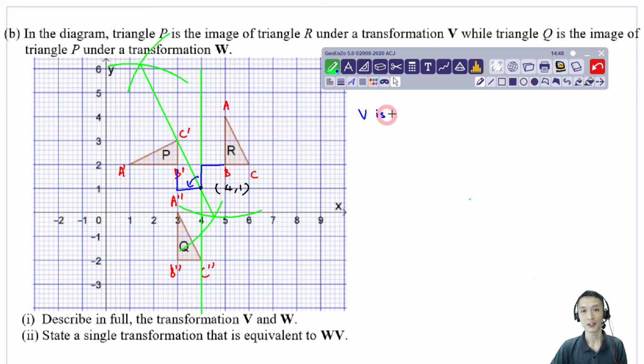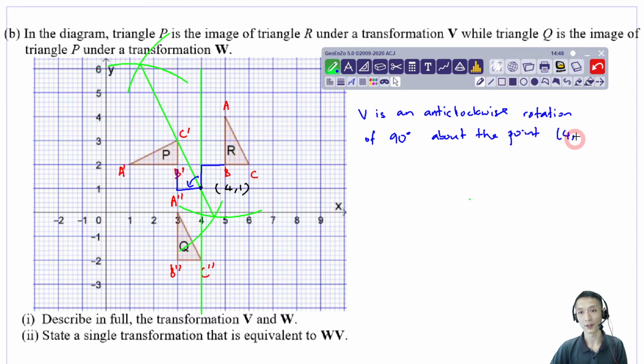V is an anti-clockwise rotation of 90 degrees about the point (4, 1).